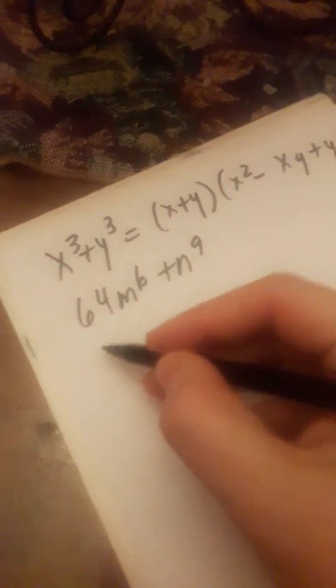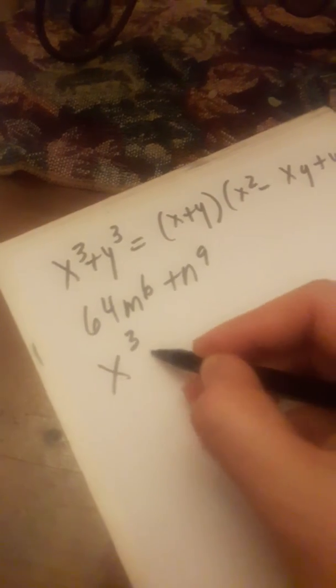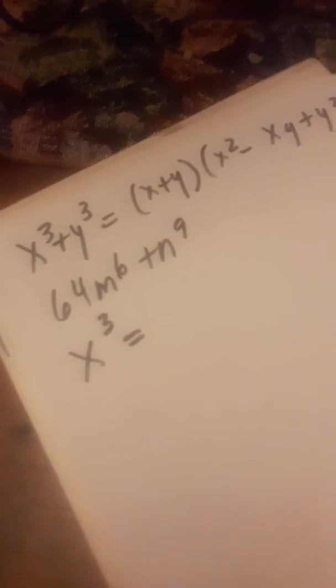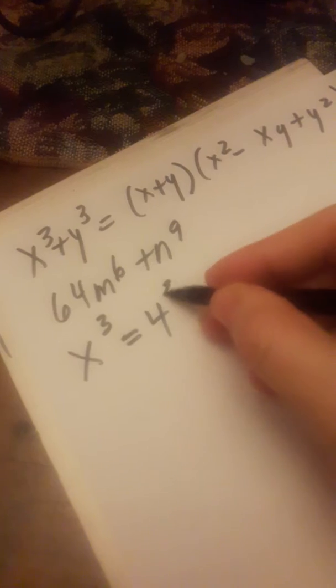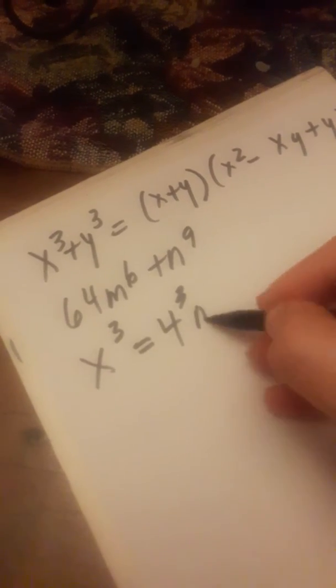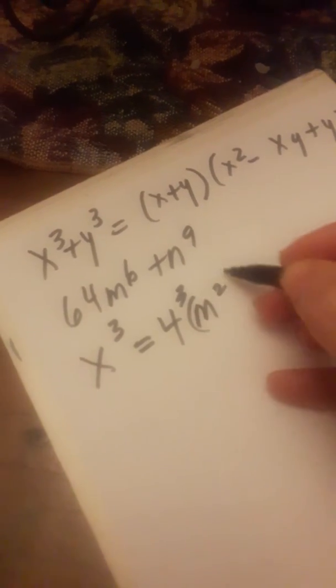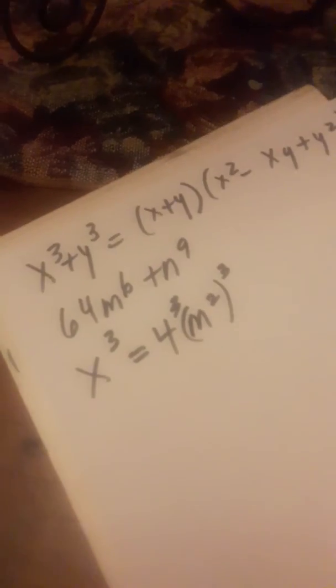We're going to apply the same concept with another example, a little bit different. Again, I'm going to define who's my x. The x is to the third power. Let's think of a number: 4 times 4 times 4, so it is 4 cubed. And m to the second power over here, cubed.